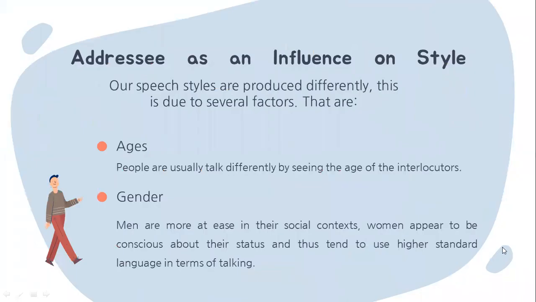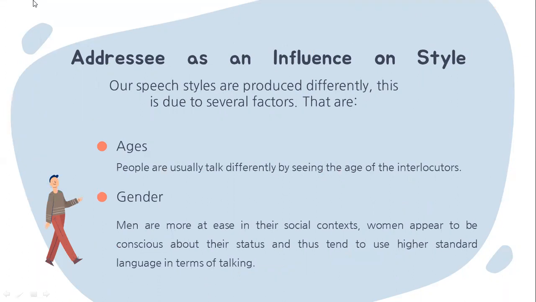All right. For the first is about addressee as an influence on style. Our speech styles are produced differently. This is due to several factors. For the first, ages.